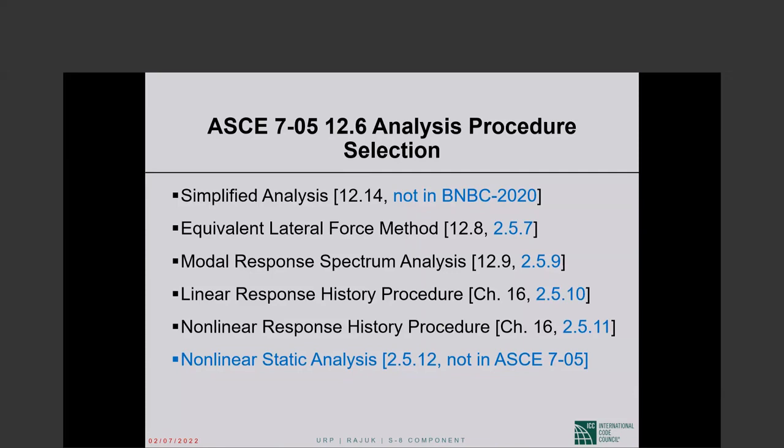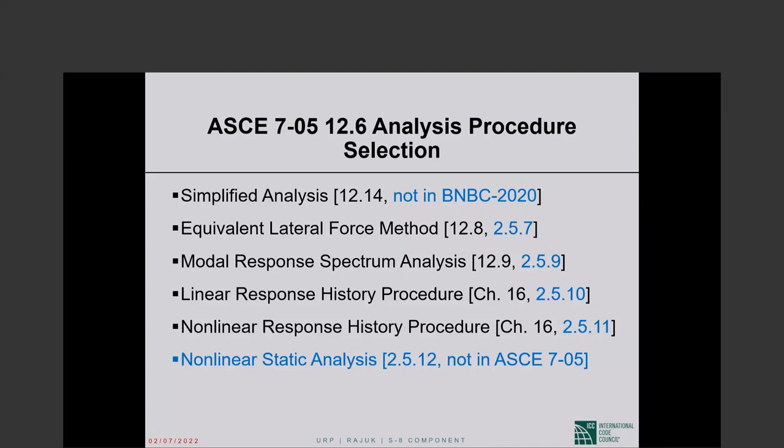Do we have to do dynamic analysis? And so on and so forth. Equivalent lateral force procedure was allowed to be used under restrictions, as you will see very clearly in BNBC 2020, and I'll point those out.